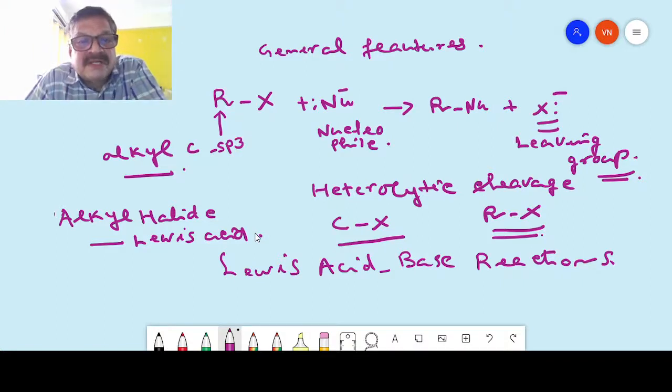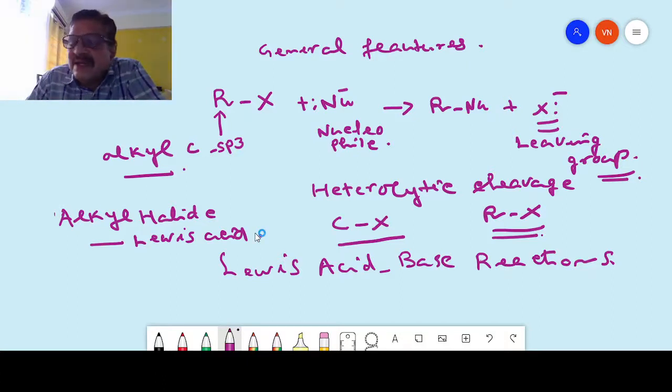So the electron acceptor is the acid. Now the C-X bond is heterolytically cleaved, and the electron pair is taken by the X group, the halogen. So the alkyl halide is a Lewis acid and will accept the electron pair donated by the nucleophile, and the C-X bond is heterolytically cleaved.